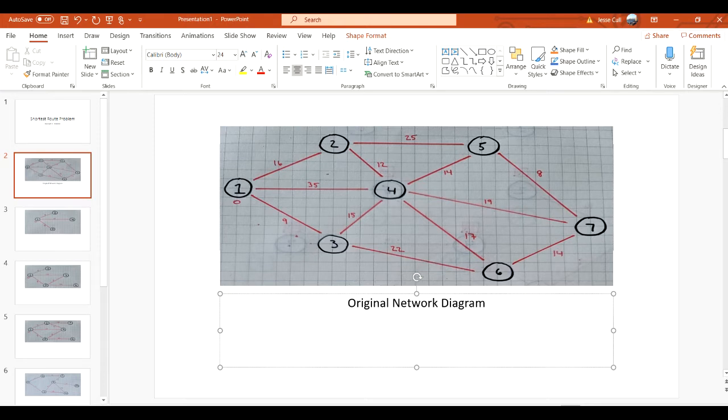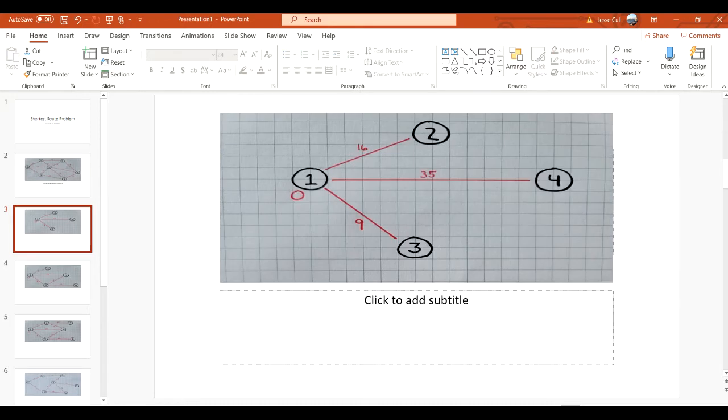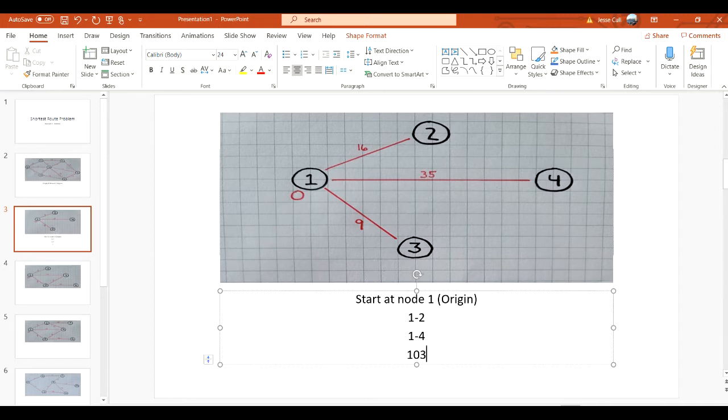So let's begin solving this problem. The first thing we're going to do, step 1, is start at node 1, which is the origin. We want to determine the shortest time to get to a directly connected node. In this situation, we have 3 routes: 1-2, 1-4, and 1-3.